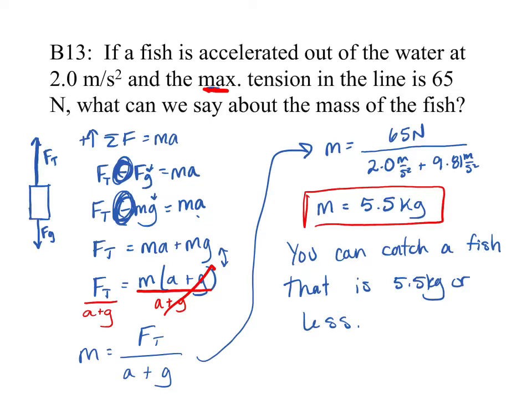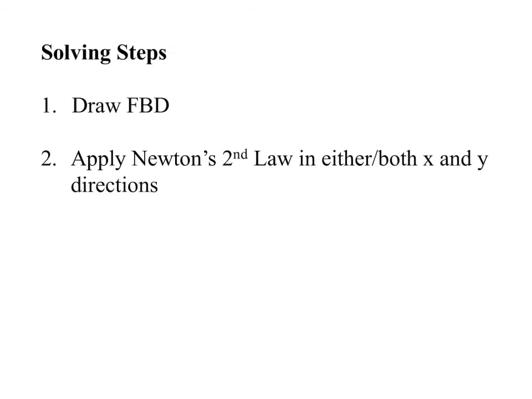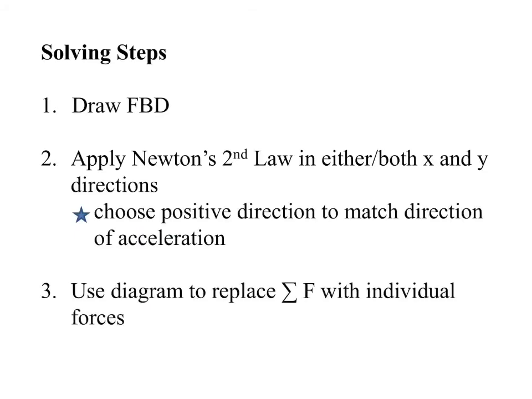As soon as they try to catch a fish that's greater than 5.5 kilograms, that fish line will snap, okay? Because the maximum tension in the line is 65 newtons. So if they catch a bigger fish, they got to get a better line. And that's that.